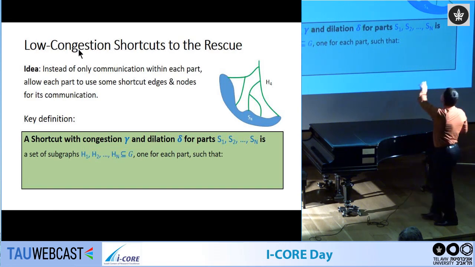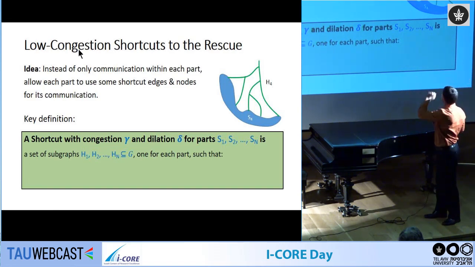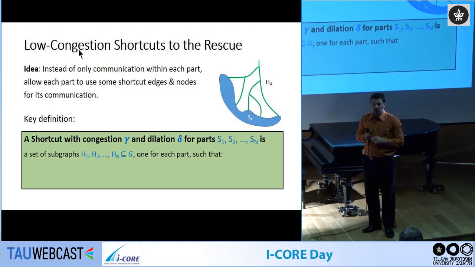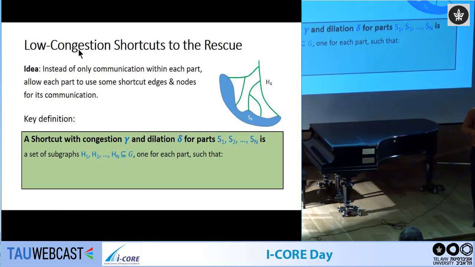If this is my S4 set, which is a long and windy path, I'm just going to give it these H4 edges and nodes to help with the communication. Okay, so I'm sure you can figure this out. There are two properties that I want from these low congestion shortcuts. What are these two properties?